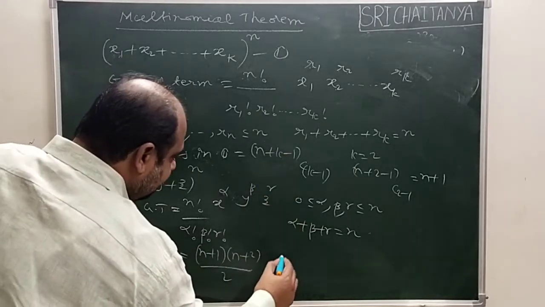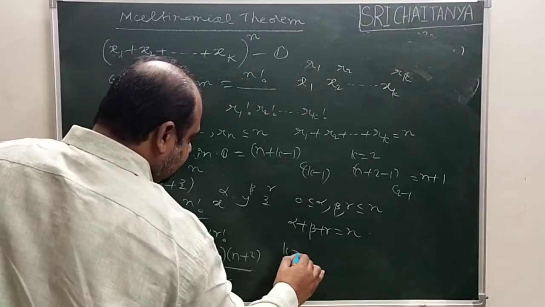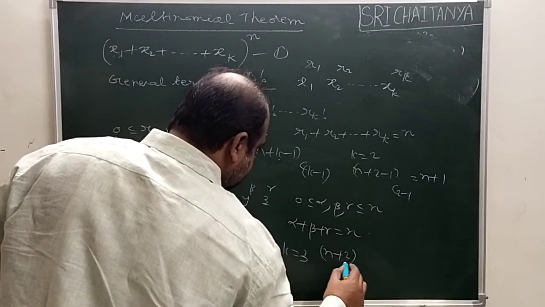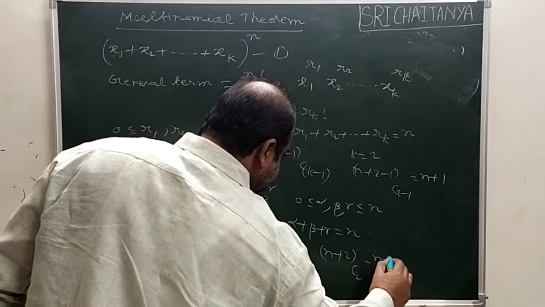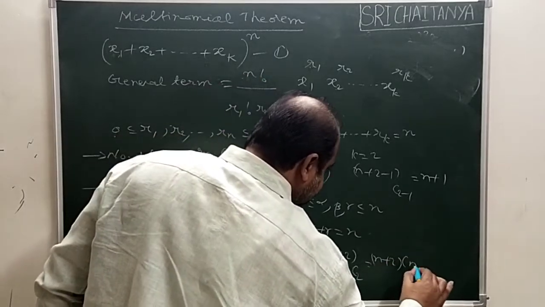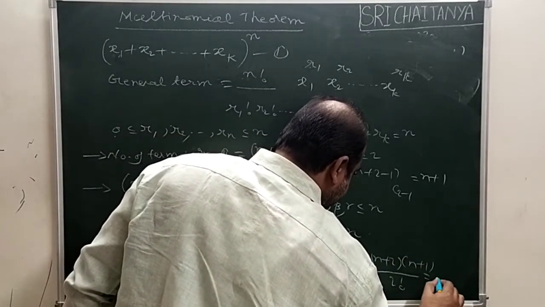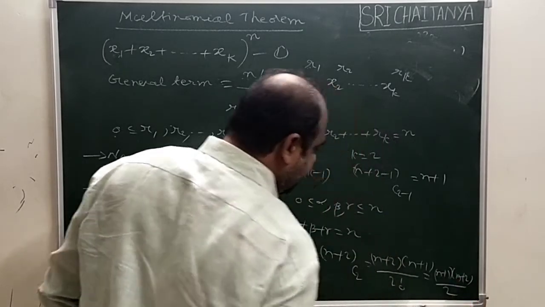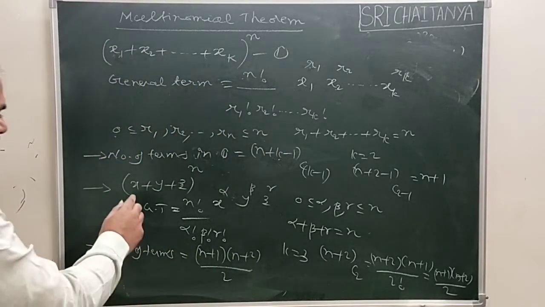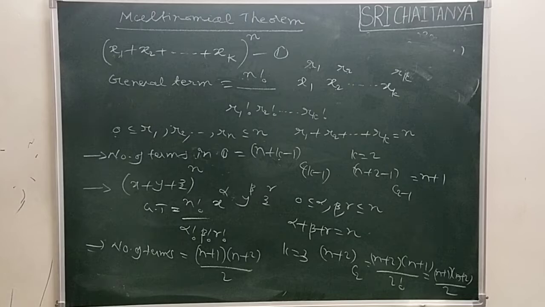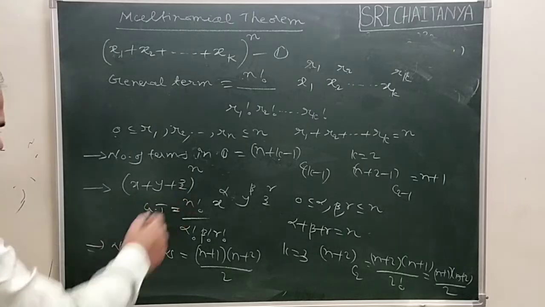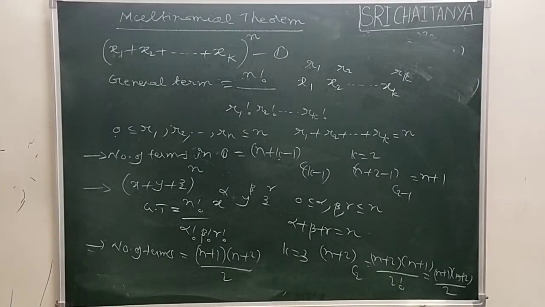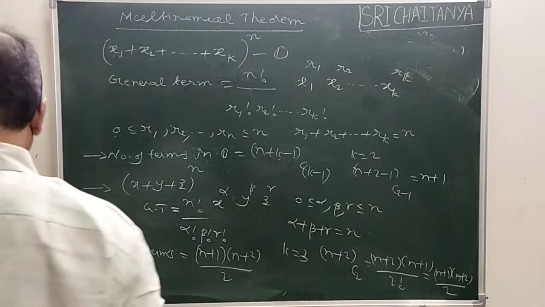Simply substitute k equal to 3 in the formula: n plus 2 C 2, that means starting from n plus 2, 2 factors, divided by 2 factorial. So this is nothing but (n plus 1)(n plus 2) by 2. This is called the trinomial theorem, when 3 terms are there. For any number of variables other than 2, you use this theorem. Now let us see how the problems will be.